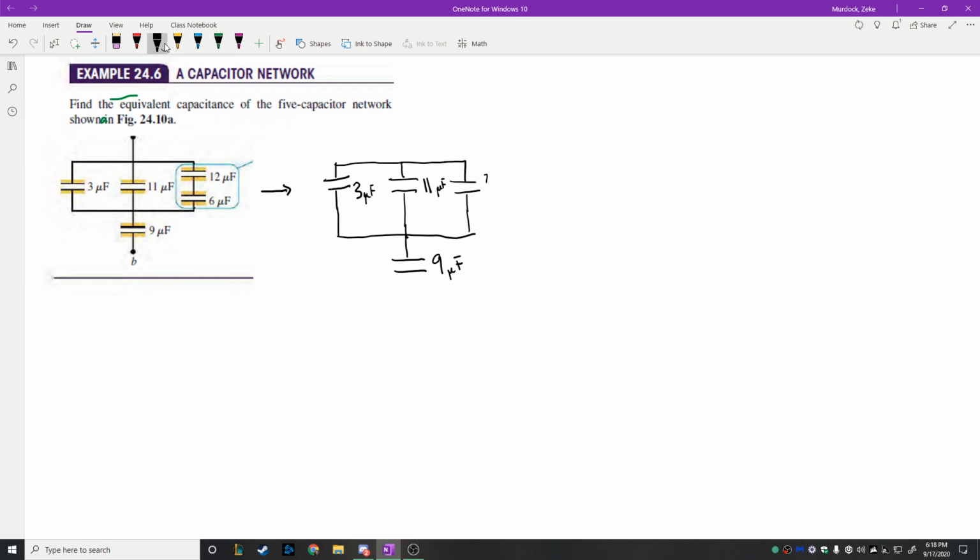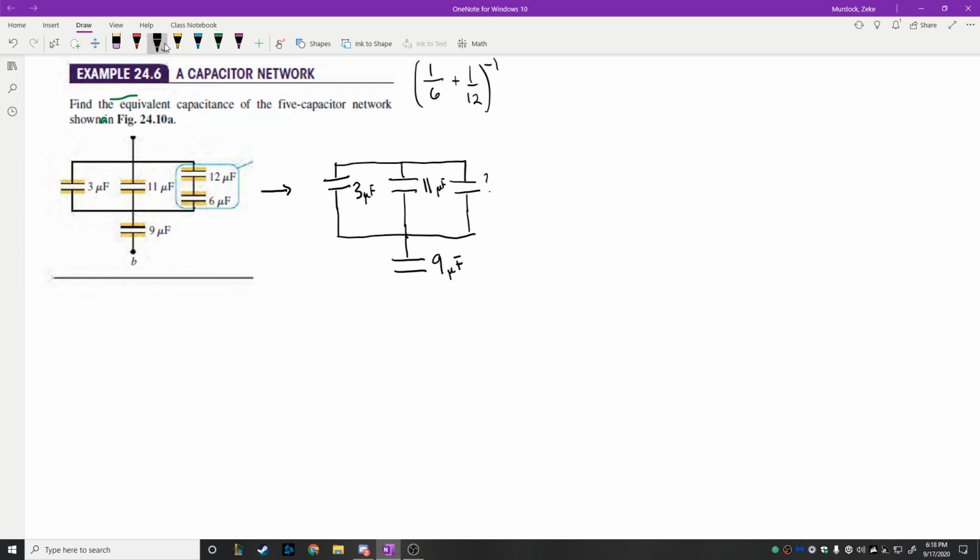And you guys tell me, what would this one be? You got 4, okay, and then how did you calculate that? You do the inverse thing, right? So we're going to do 1 over 6 plus 1 over 12. We're not going to worry too much about the units here. Everything's in microfarads. Just be a little bit careful.